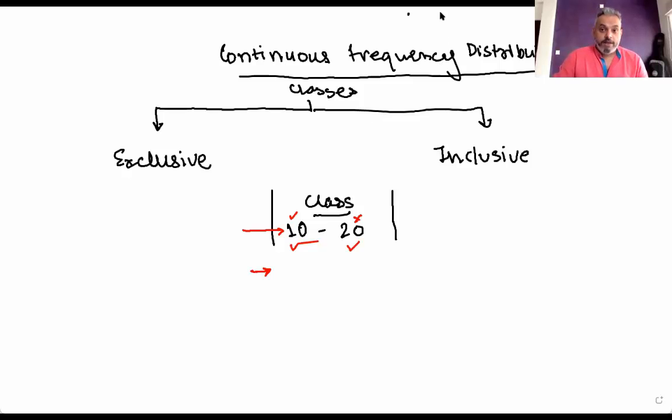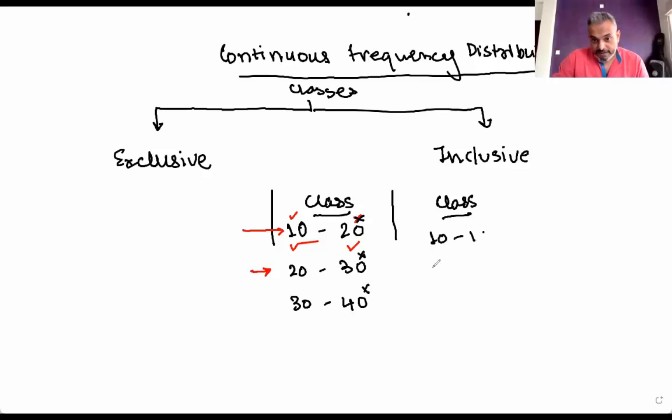So Dev, your answer was correct: we can decide based on what the second class is. If the second class is 20 to 30, then 30 to 40, it means it is exclusive, because 20 we don't take over here, 30 we don't take over here, 40 we don't take over here. If classes are given like 10 to 19, 20 to 29, 30 to 39, it means there are no repetitions like this.